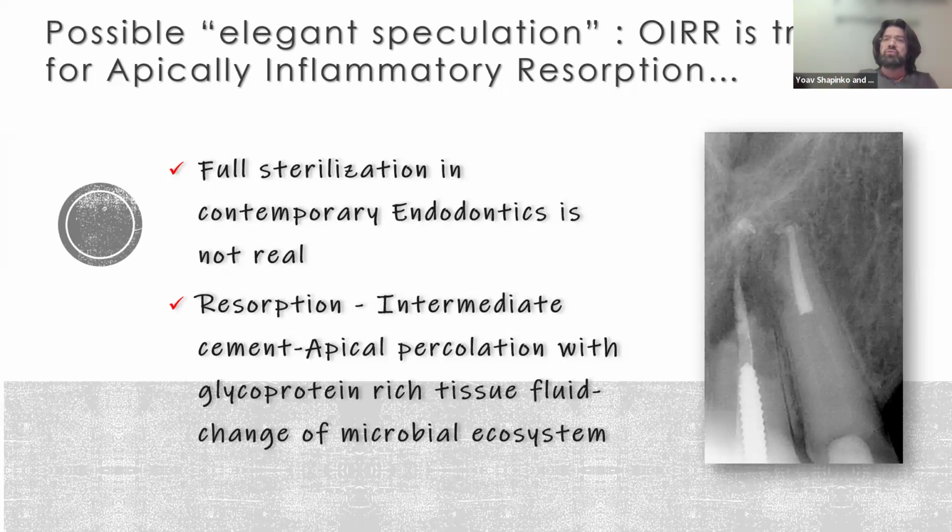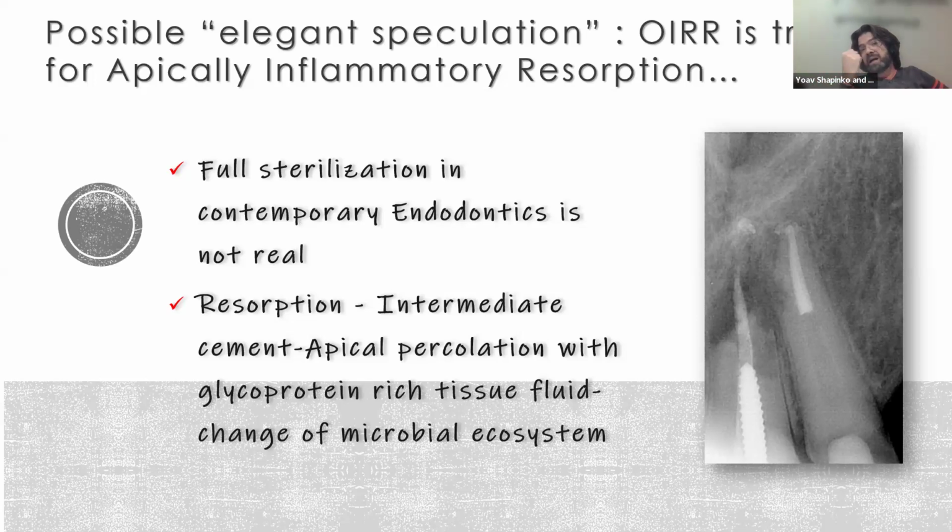And in this case, during apical percolation, glycoprotein-rich periapical fluid will come in contact with microorganisms and will disrupt the balance. And we now have apically inflammatory root resorption. Of course, it's our elegant speculation with Dr. Shapinko about cases like this. But I think that this is the way.